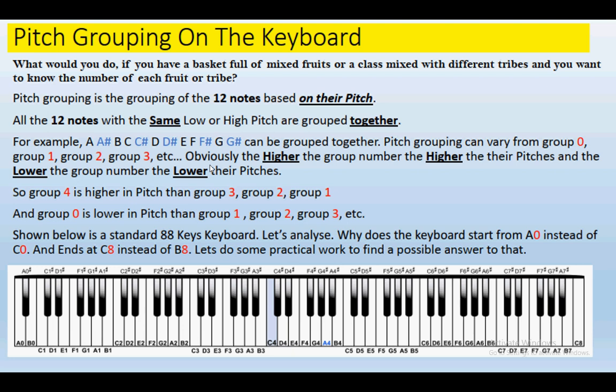This will also help, especially when it comes to singing, to know which group of pitches you can produce as a singer, because this is where your range is. When they are measuring your range, maybe from C4 to C5 or whatsoever, it will help you, but we'll get into that later.